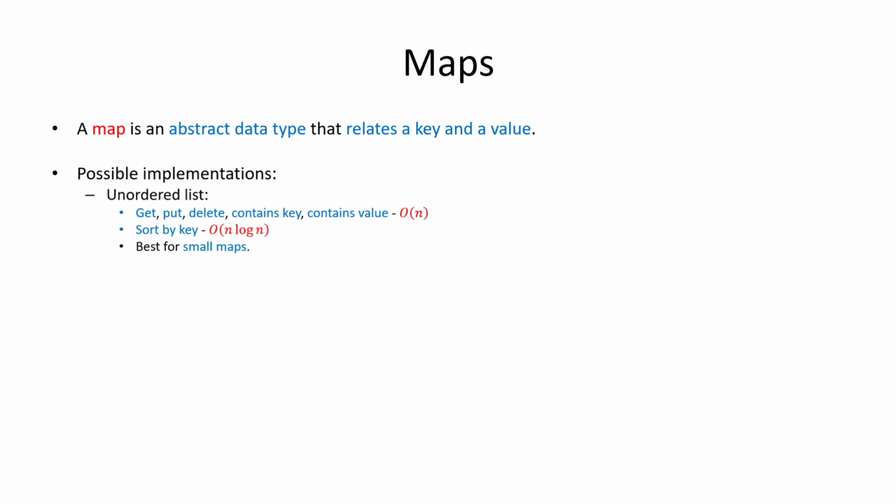Now, a map is usually characterized by two specific methods, get and put. But I have listed here a couple other operations we might want to do. Get and put, of course, are going to be our simple lookups. They have hidden in there a search. Contains key is the technical search one.